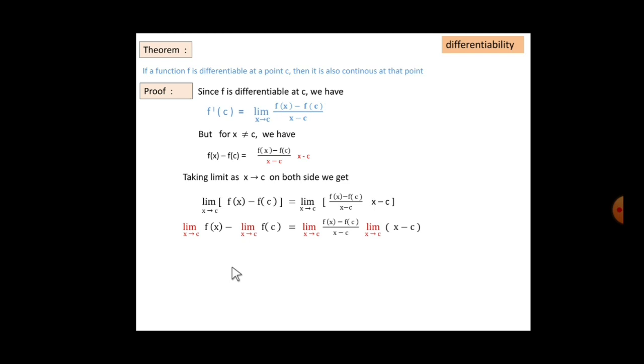The limit as x tends to c of f of x remains as it is, the limit of f of c is the same as f of c, and here this becomes f dash of c, because by definition this is nothing but f dash of c.